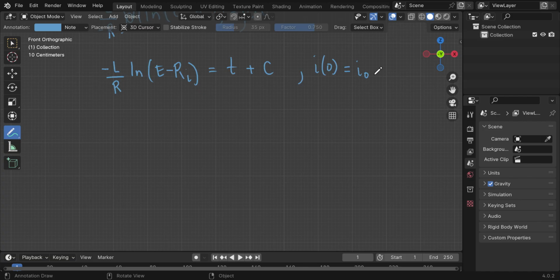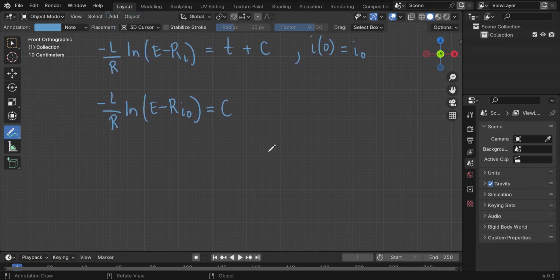To solve for c, we just substitute as we normally do. E minus R I of 0 becomes E minus R I0, and t is 0, so all we're left with on the right hand side is c. So we know now that c equals all this mess here.